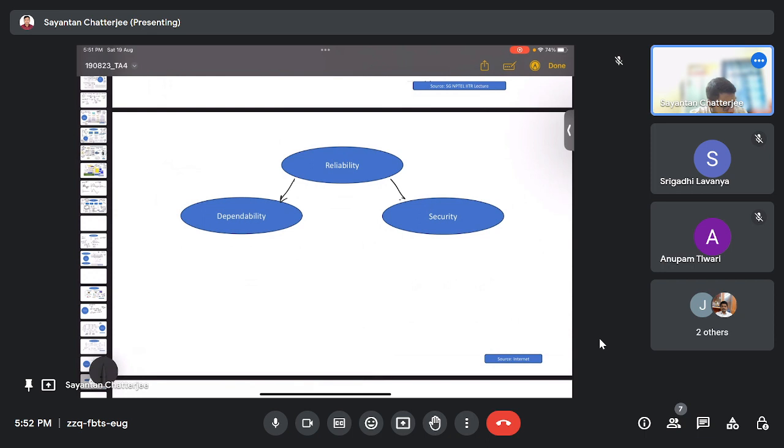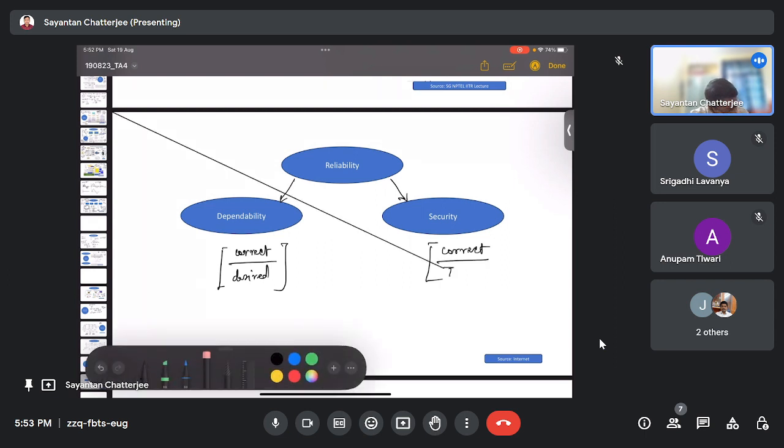Dependability is the number of correct trips by the number of desired trips. Security is the number of correct trips by the total number of trips.